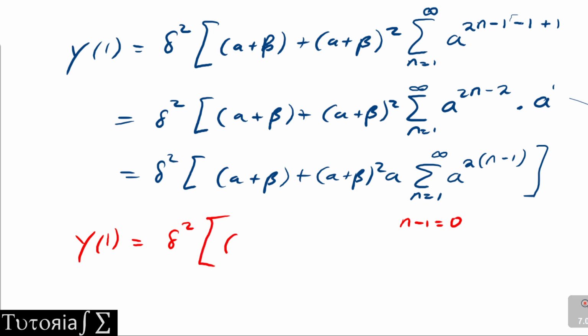that will be a plus beta plus a plus beta squared a, then the sum from n1 equals to 0 to infinity of a to the power 2.